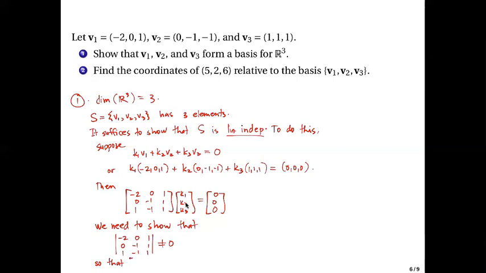So that the vector k1, k2, k3 has only the trivial solution. Which means this is linearly independent, or the set is linearly independent.